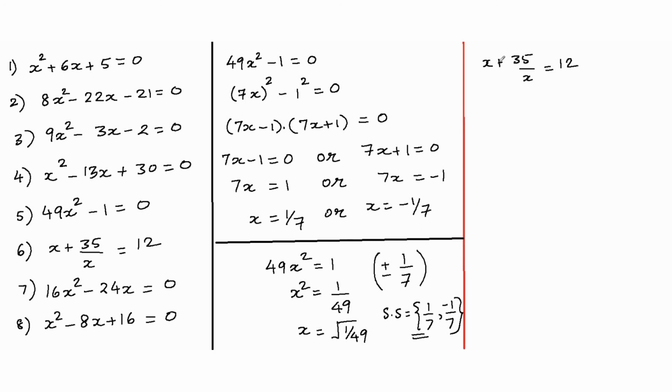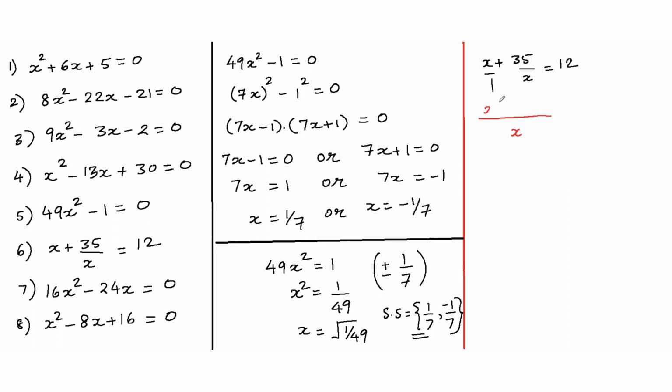Now let's try solving the second one. Over here, it looks like I should take the LCM, right? And again, remember, generally for factorization problems also, writing it in the standard form is definitely recommended because then it helps in the process of factorization. The LCM here is now x. So 1 multiplied by x.